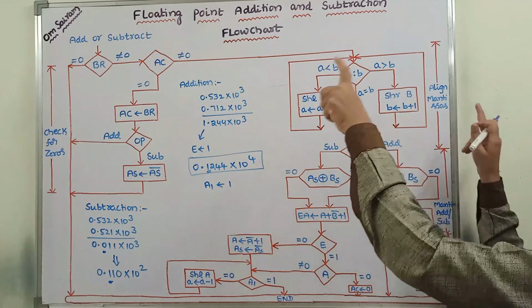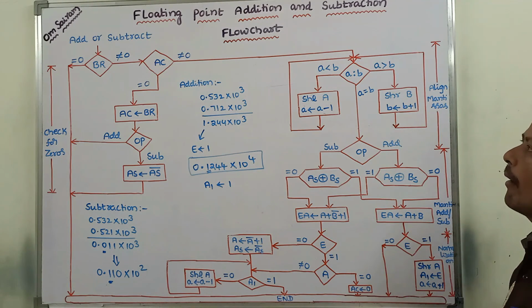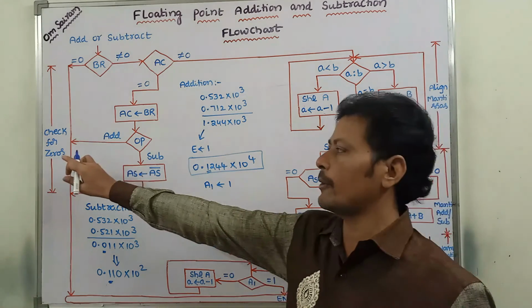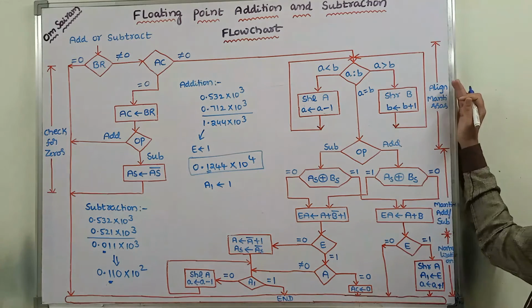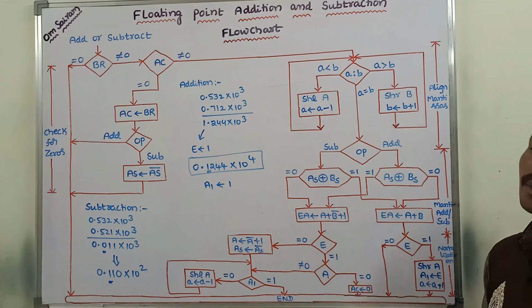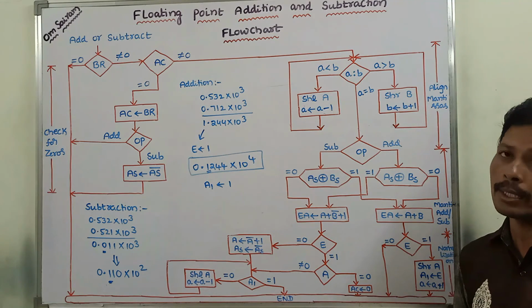These are the four steps we follow for floating point addition and subtraction. First is check for zeros. Second is alignment of mantissas. Third is addition or subtraction of the mantissas. And fourth is normalizing the result.